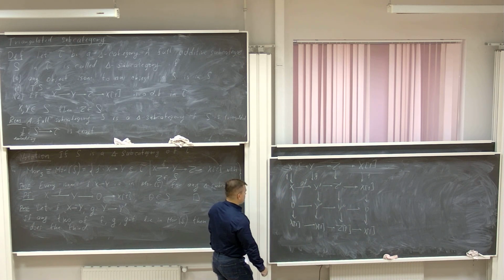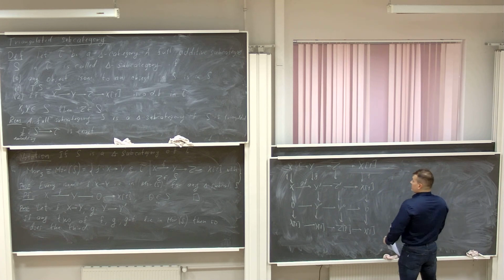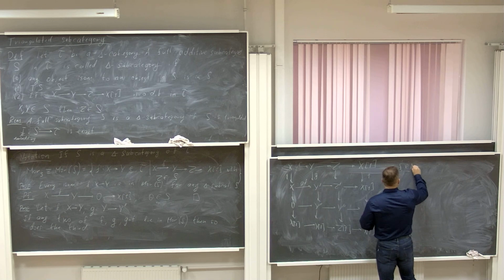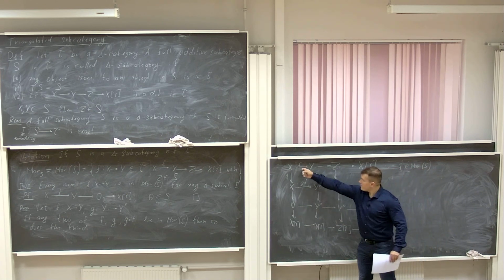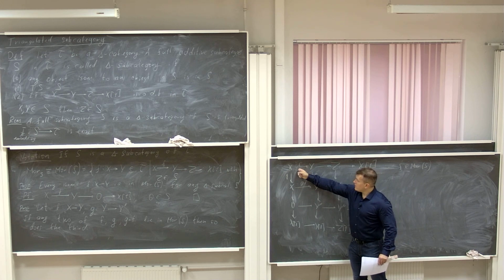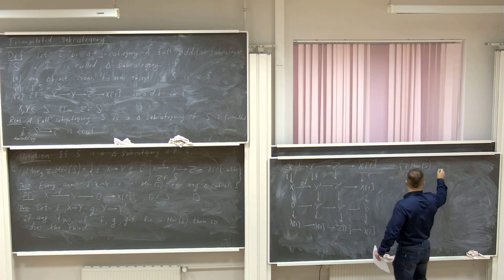So I hope that this is correct. You can try to check this. Now, if we just look at this diagram, we can see the following: f is in the morphisms of S if and only if Z is an object in S.